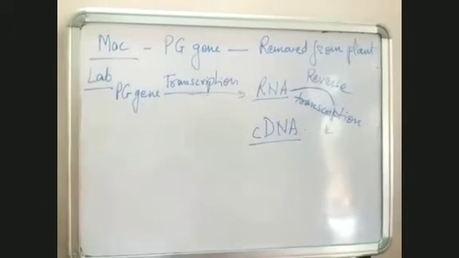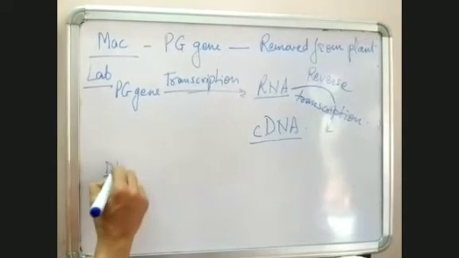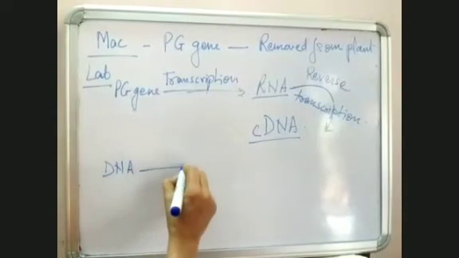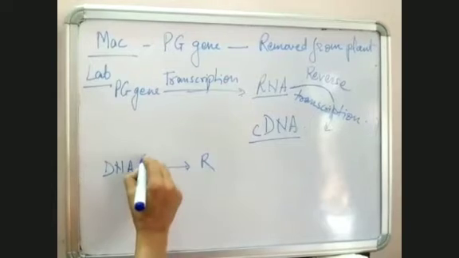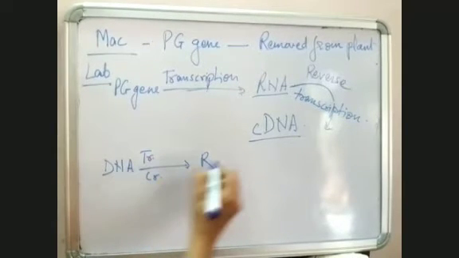Now, what is reverse transcription? The central dogma is DNA. From DNA by transcription, RNA is produced, and from RNA by translation, protein is produced.